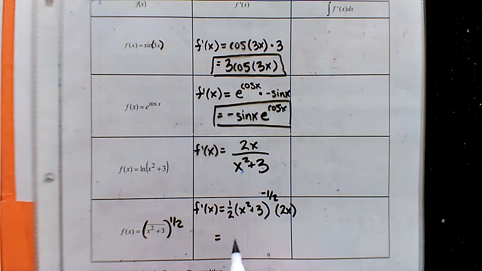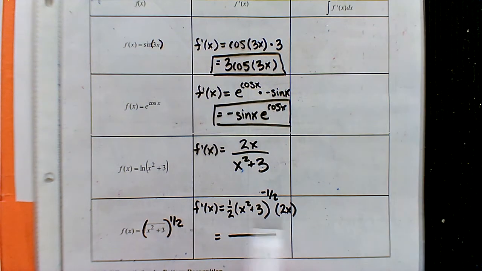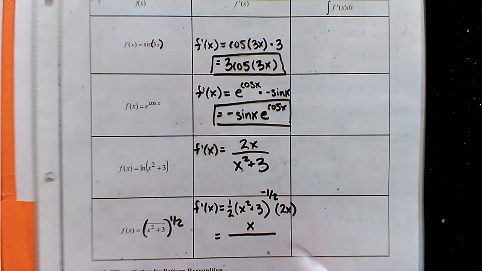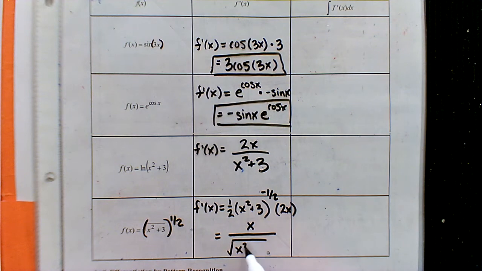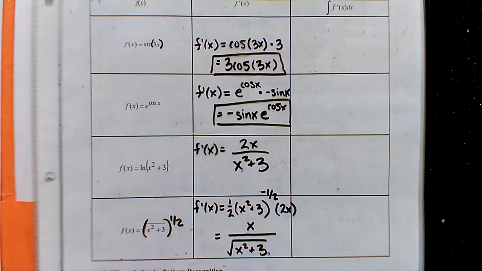We have a negative power, so something's going to move to the bottom. And then we have a 1/2 times a 2x, so the 1/2 and the 2 would cancel. Looks like we'll have an x up top, and then the square root of x squared plus 3 on the bottom, because it had that negative power.